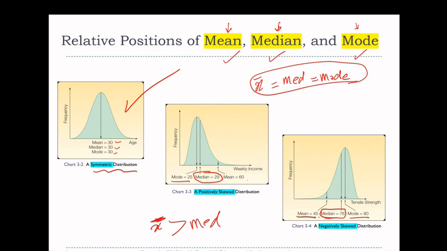If X bar is greater than the median, I have positive skewed data, like this case. If the mean is less than the median, then my data is negative skewed.